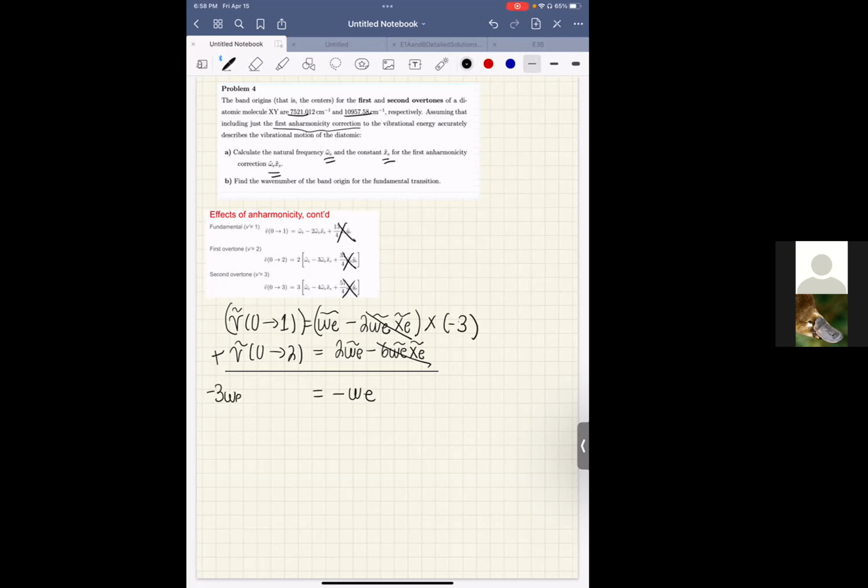And this is just going to be -3 times ν(0 to 1) plus ν(0 to 2). You told us those quantities already.